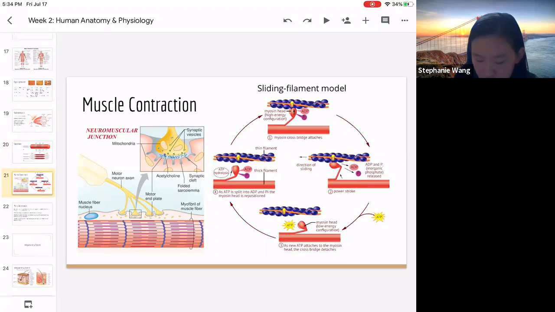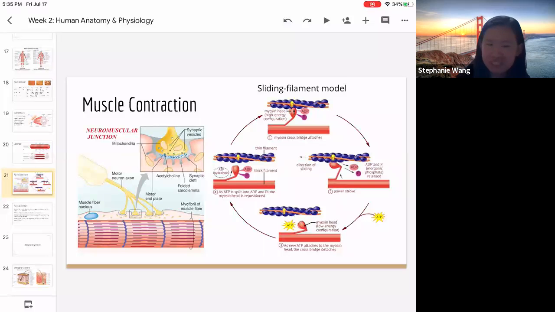So let's start at step 1. The myosin can bind to the actin, and I'm not going to go super in detail, but it causes a release of energy whenever it can move forward. So it bends and then it slides the actin forward. Once a bunch of these are doing it together, there's a lot of myosin sliding the actin forward, and once the actin is getting slid forward, that's when your muscle can contract.